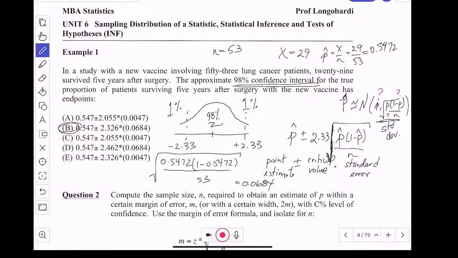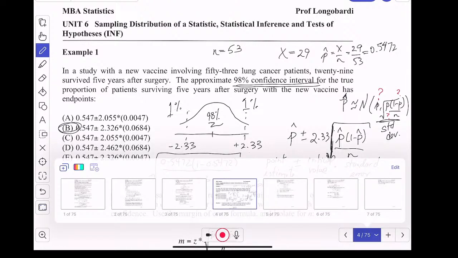All right, so what we've done so far is I've shown you an example of computing a confidence interval for the true proportion as determined by the sample result.